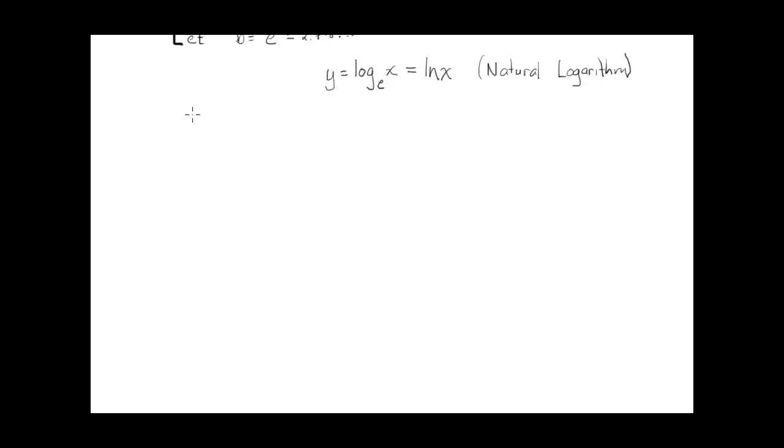So now we're going to figure out the derivative of the natural logarithm. So the natural logarithm, y equals ln x.